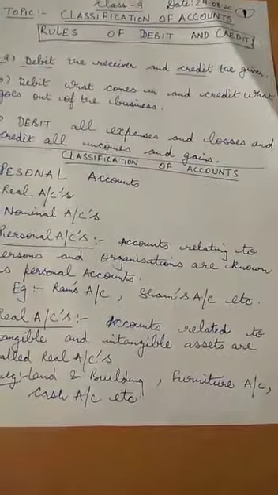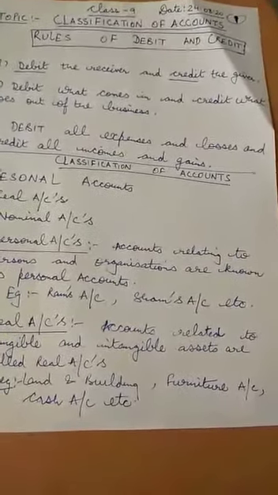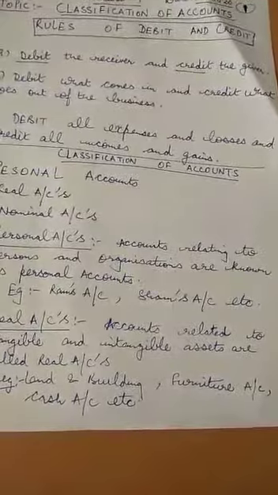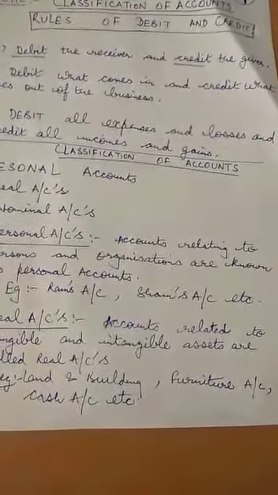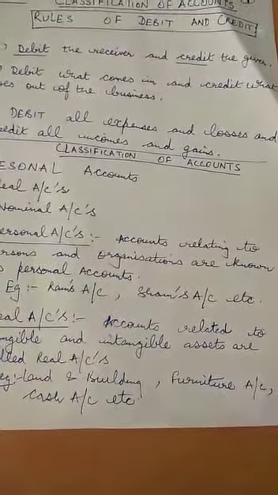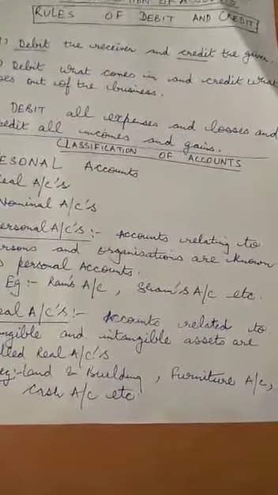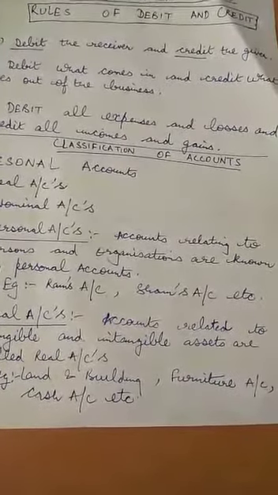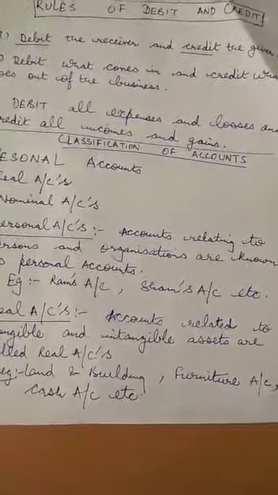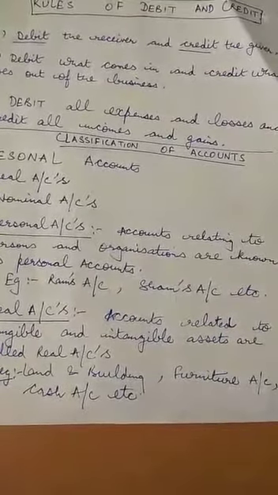We can also say that the accounts are categorized under two broad heads, that is personal accounts and impersonal accounts. The personal accounts, children, include three further subdivisions, that is natural accounts, artificial accounts and representative accounts.